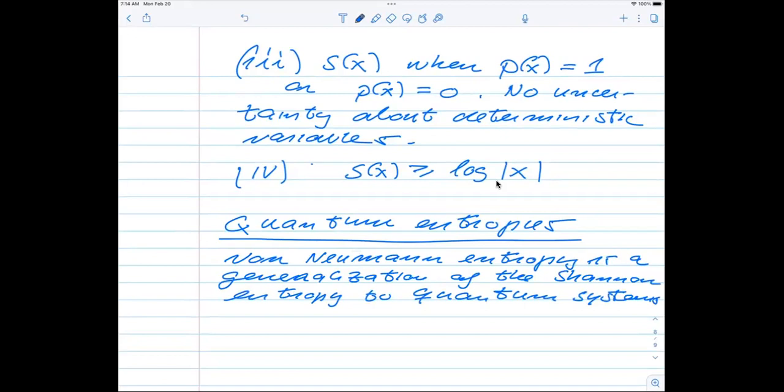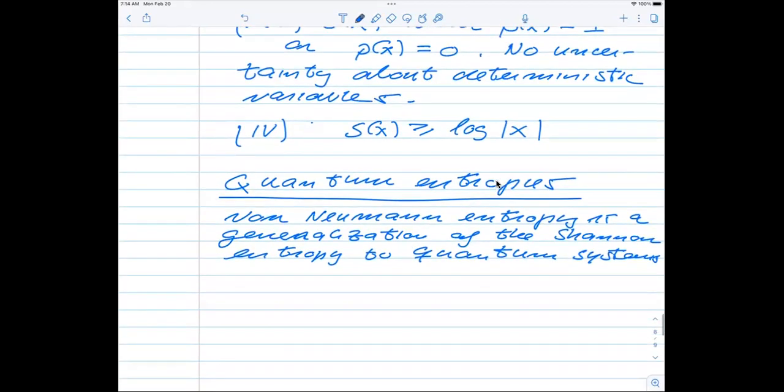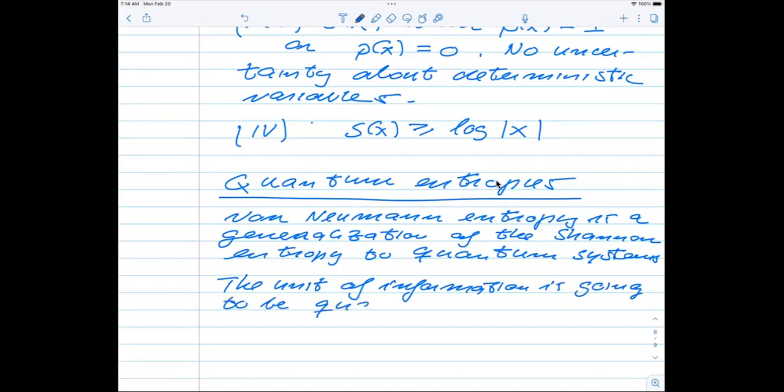And the unit of information that we now use to determine the amount of quantum information is going to be a system of quantum bits. So the unit of information is going to be quantum bits.